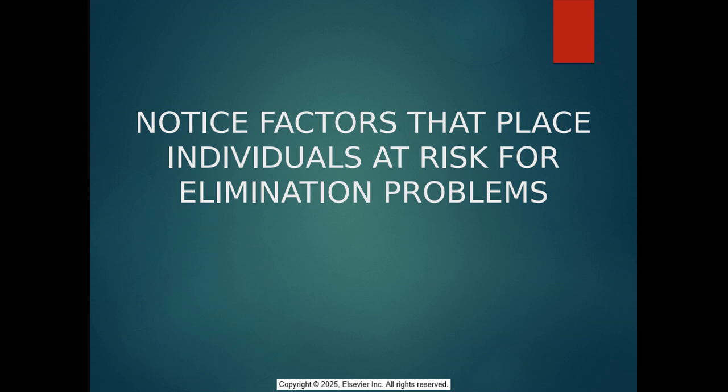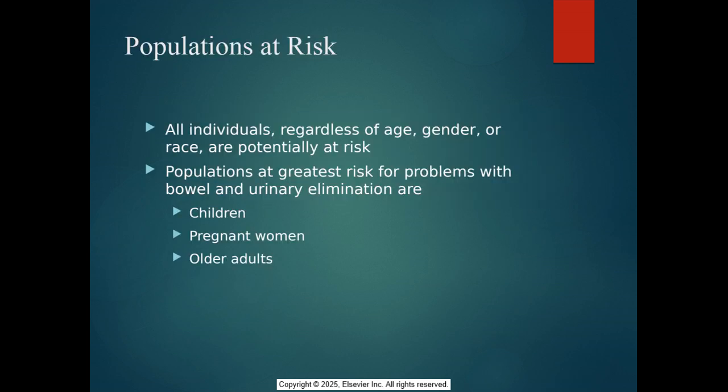Factors that place an individual at risk for elimination problems. All right, well, we talked about age, gender. The concept maps are something I'll talk about in detail on Monday, and then again in class on Tuesday. Concept maps or outlines, I don't care how, I do care how your brain works, but it doesn't matter to me what source of study material you use.